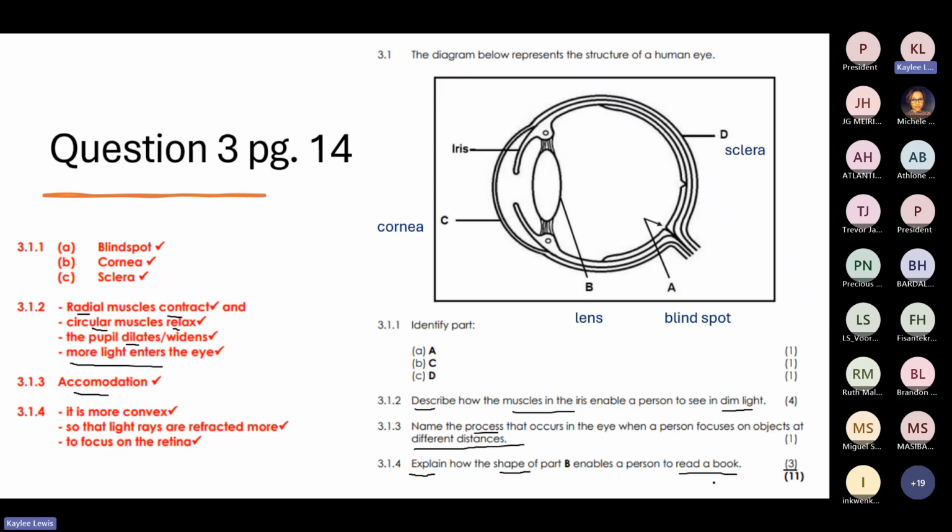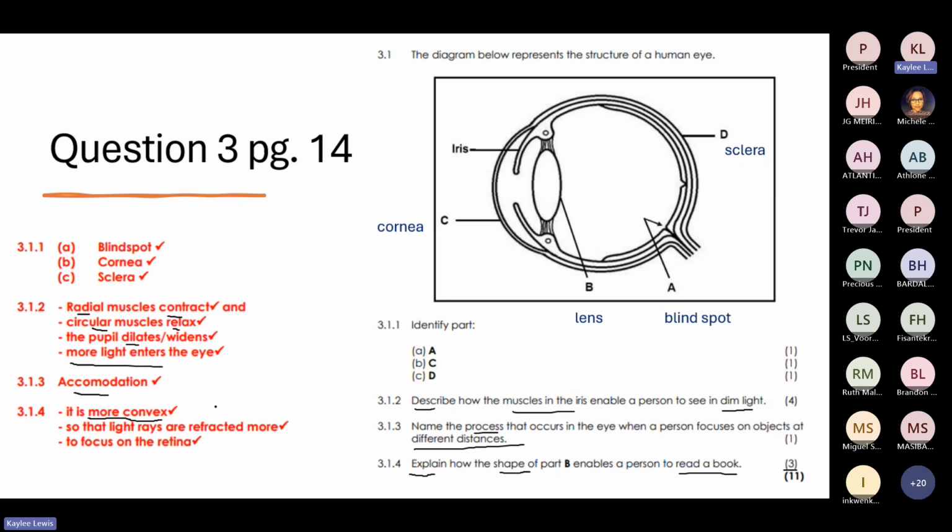Reading a book, you're going to read a book at a short distance. So that means my lens needs to become more biconvex. It needs to bulge out more. So that's how I'm going to start because we're talking about the lens and how it allows me to read a book. So you get 1 mark for saying it will be more convex.